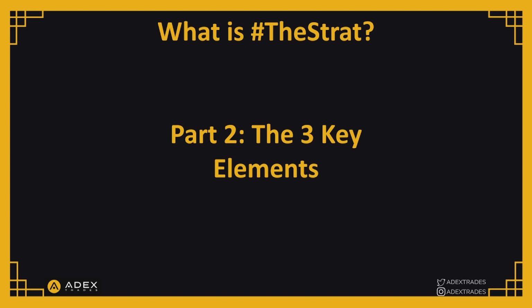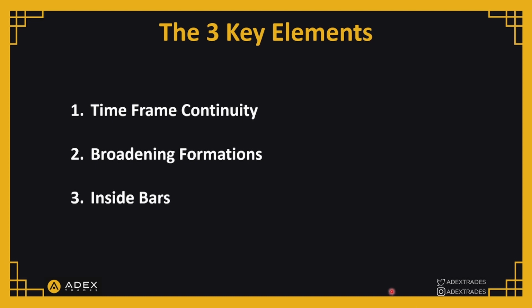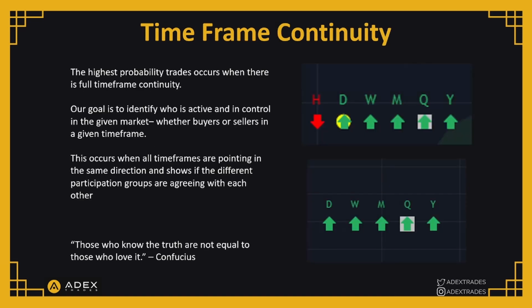So part 2, the key elements. All right. So the 3 key elements refers to time frame continuity, broadening formations, and inside bars. And so first on to time frame continuity. Time frame continuity refers to achieving the highest probability of trades when one side is particularly present during that trade at that moment.